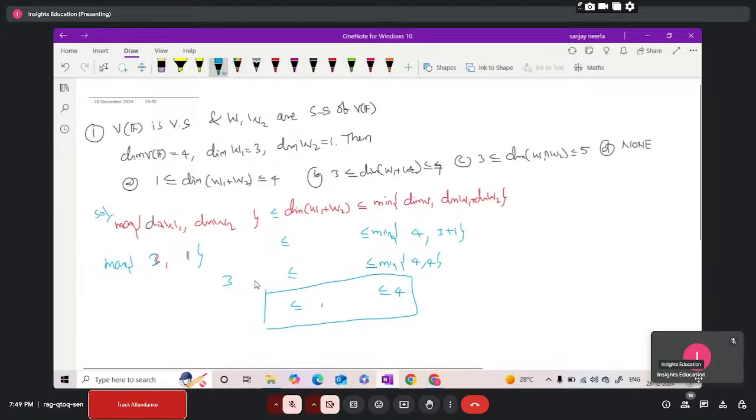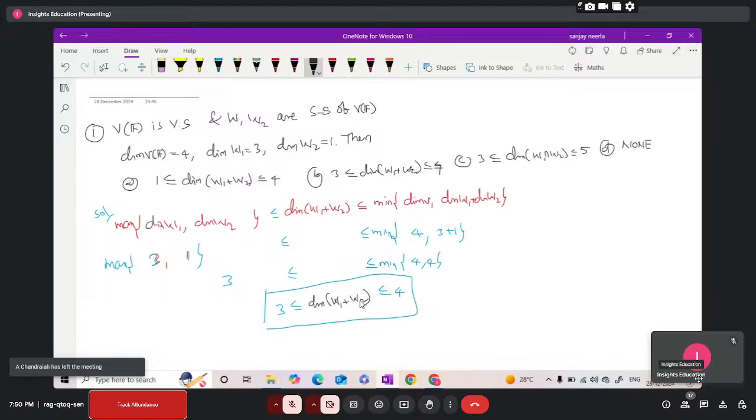So 3 is less than or equal to the dimension of W1 plus W2. So answer B. Which one is the correct? B, sir. B.